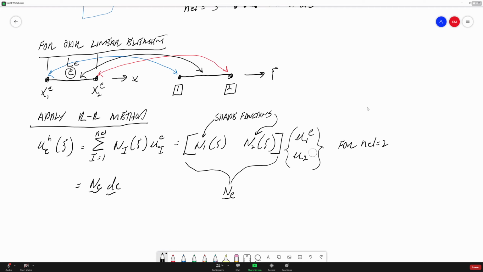It's not a 2 here, that's supposed to be an e, u2 to the e. So this is just displacement field for node 1 of our element, and displacement field for node 2 of our element. This is d e.